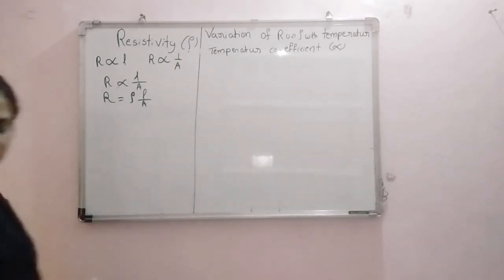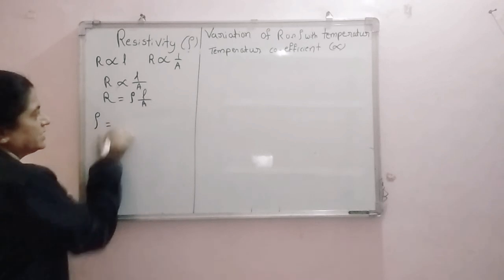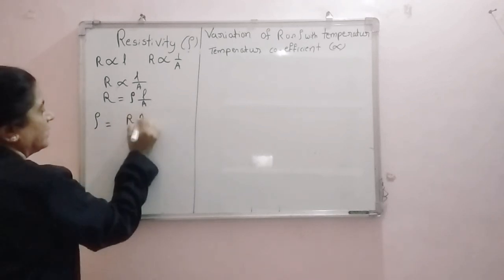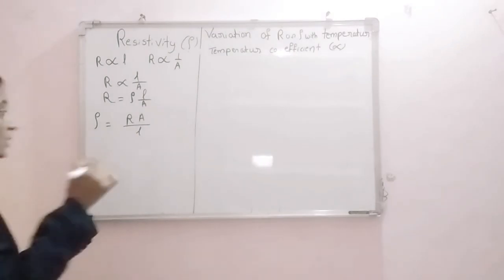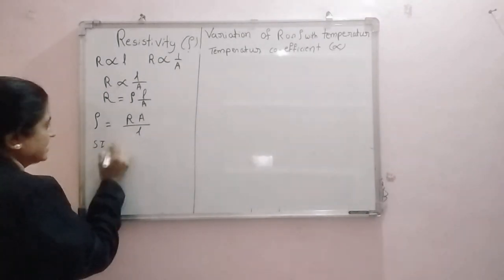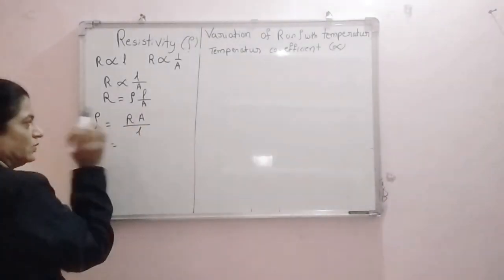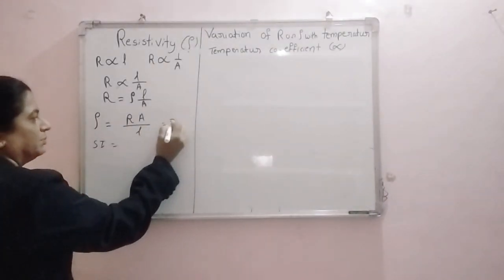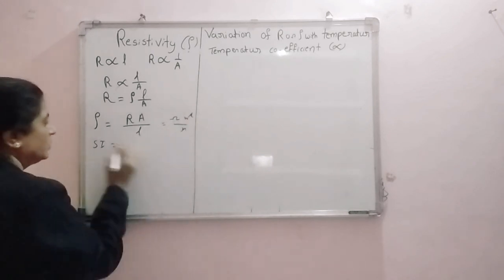So, what is the formula for the specific resistance or resistivity of the material? Rho is equal to RA upon L. So, the SI unit you will get here. What is the SI unit? Resistance is ohm, meter square upon meter, that means ohm meter.